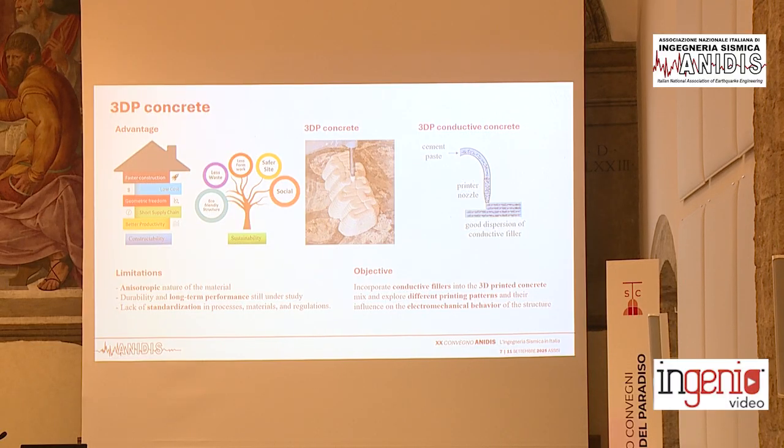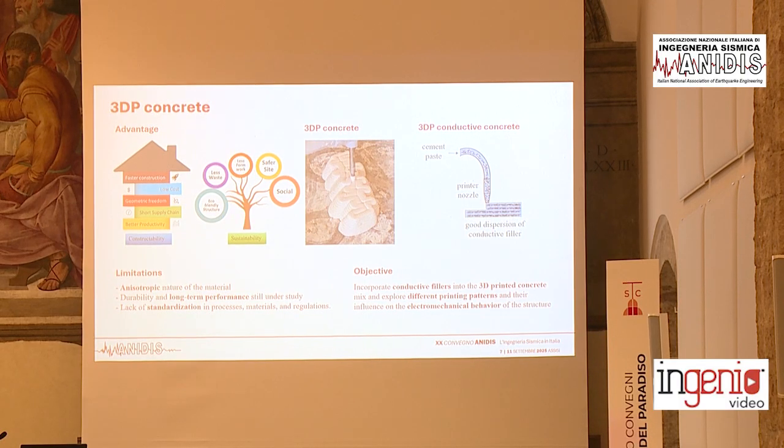This type of manufacturing process has some direct advantages when we compare it to the traditional ones. Here I would like to mention less waste, and also safer sites, because we are using a reduced workforce as well as a reduced amount of formwork.